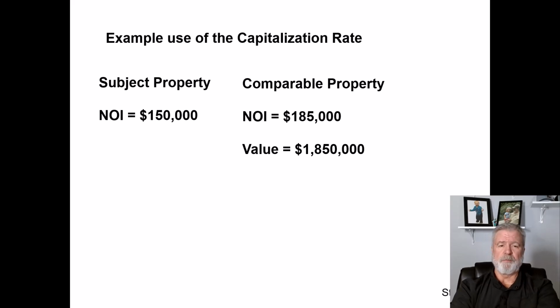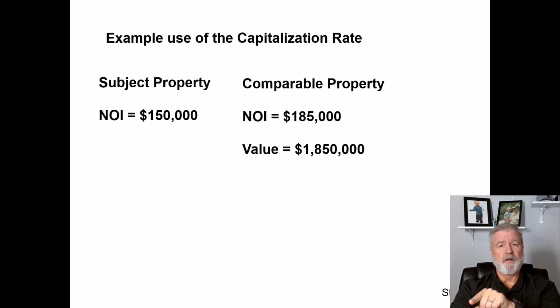So you can look this up in the public records, the tax records or whatever. And what I know about that comparable property, I know the net income was $185,000. I know it sold for $1,850,000. If I know those two things, shouldn't I be able to figure out what the cap rate is for that property?